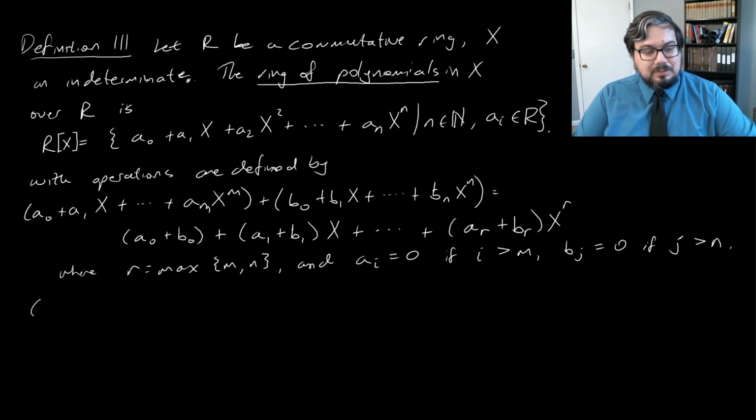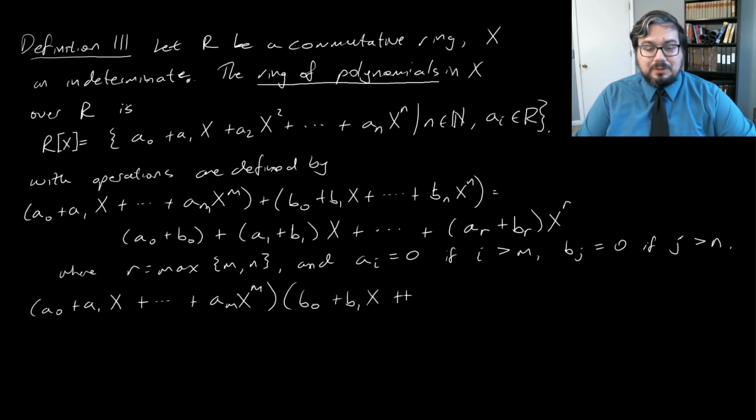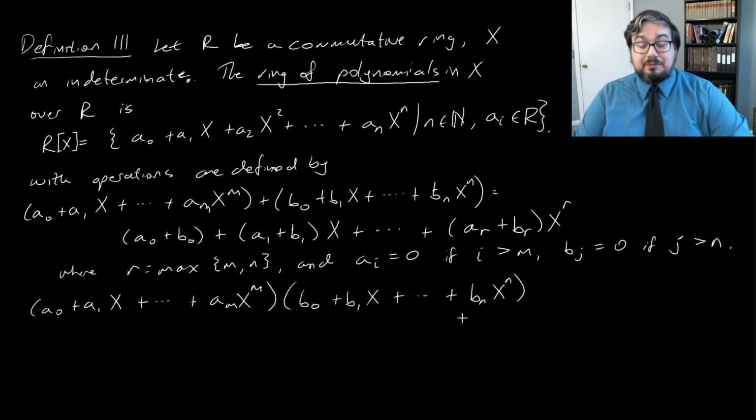Now that's adding together polynomials. Multiplying polynomials is a little bit more complicated to describe, but what we're about to write down is really just making precise the normal multiplication of polynomials that we are familiar with from basic algebra.